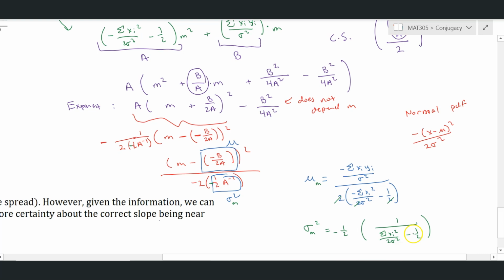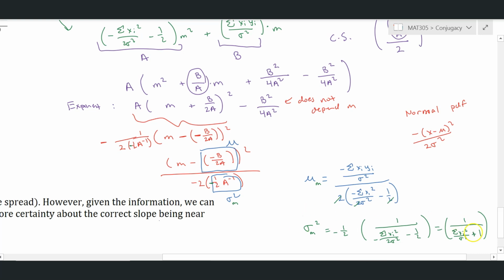Now if you factor out a minus 1/2 here, that will cancel out with this minus 1/2. So this is simply 1 over the sum of the xi squared over sigma squared. Remember, this sigma squared is associated with the normal 0, 1 distribution of the error term. And then if we factor out a negative 1/2 there, we'll have plus 1.